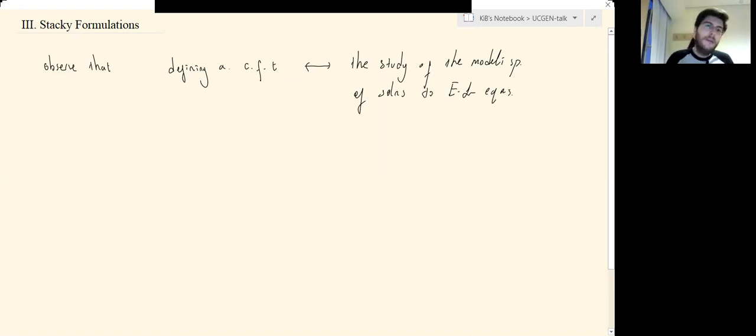So for me, studying classical field theory is just a study of the corresponding moduli space.